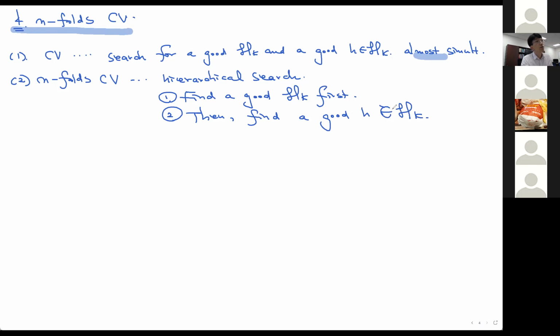So in both steps, we are given sample S, and we are using all of the sample, every example in the sample in the first step 1. Also, we use every example in the sample in step 2.